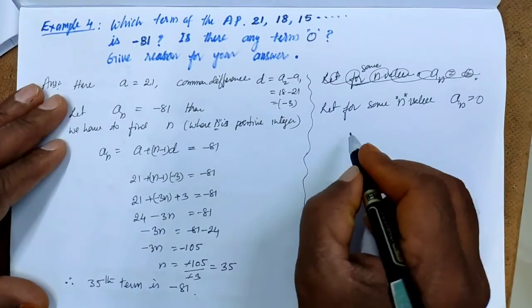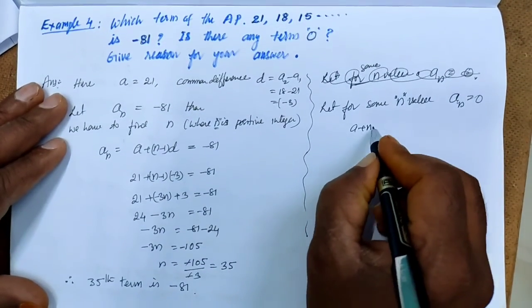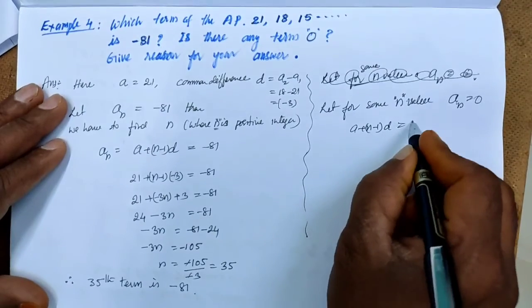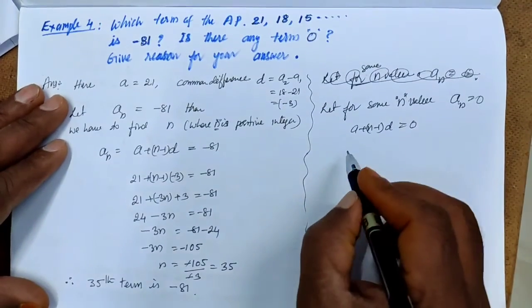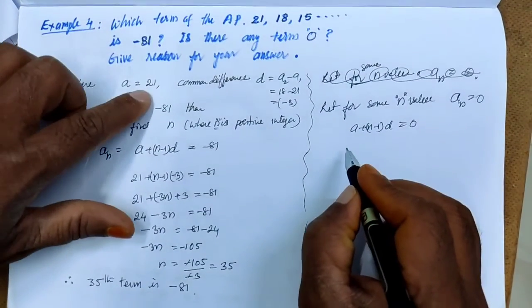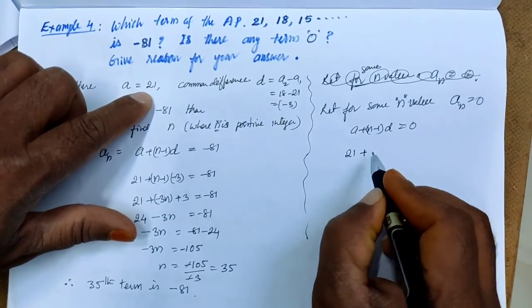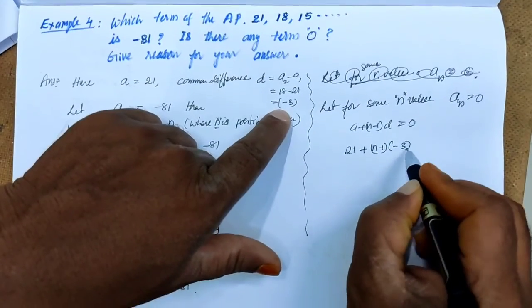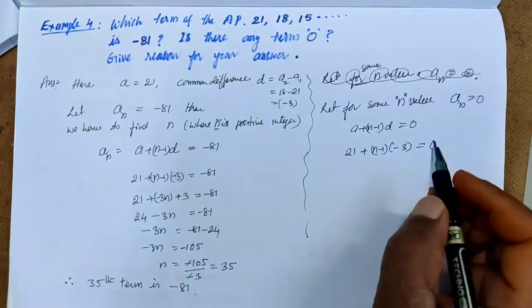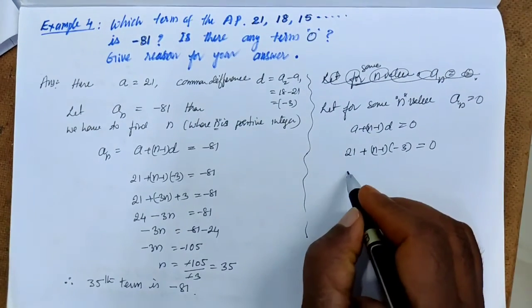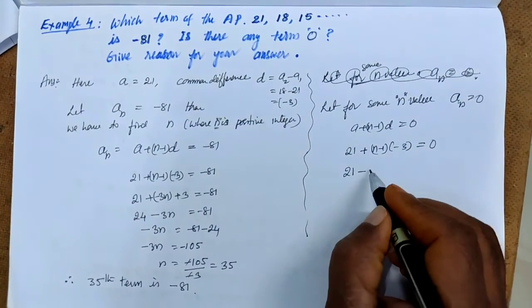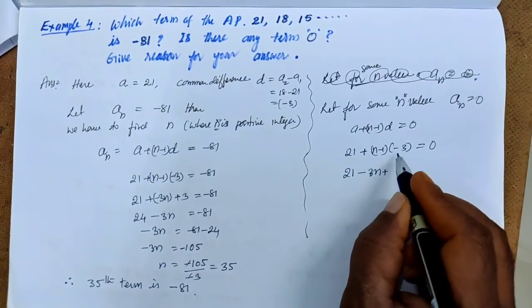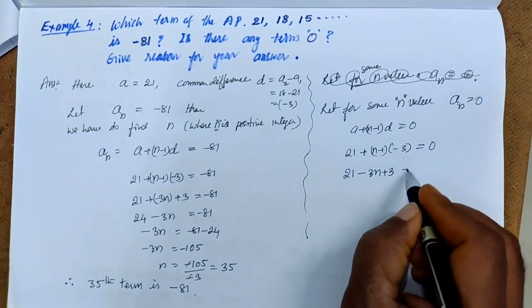So what is the nth term? a plus n minus 1 into d is equal to 0. So a is 21 plus n minus 1 into d, where d is minus 3, is equal to 0. Now again, this is 21 minus 3n plus 3 is equal to 0.